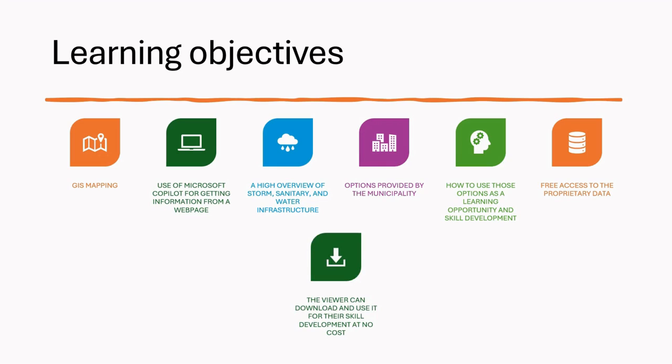So the learning objectives for this video: first of all, you will learn how to use GIS maps. In the background of the GIS map, I will be showing you how to use Microsoft Copilot for getting information from a website or web page. A high-level overview of storm, sanitary and water infrastructure will be taken.